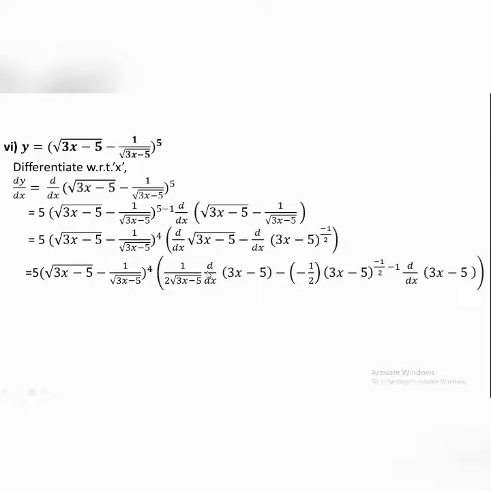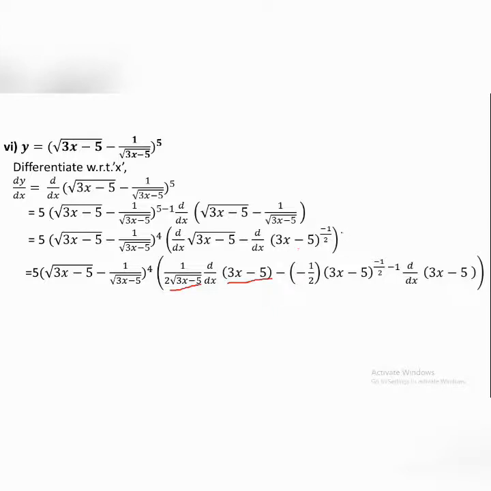Here you know the differentiation formula for the root of f of x: the derivative of root f of x is 1 upon 2 root f of x into the derivative of f of x. Similarly, we use this formula here. So it becomes 1 upon 2 root of 3x minus 5 into the derivative with respect to x of 3x minus 5.